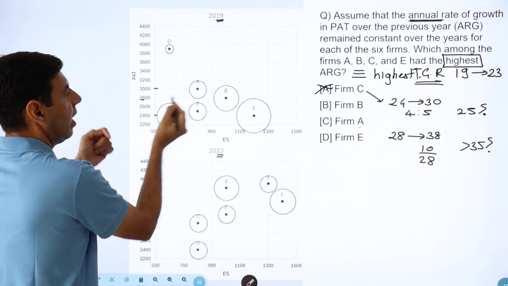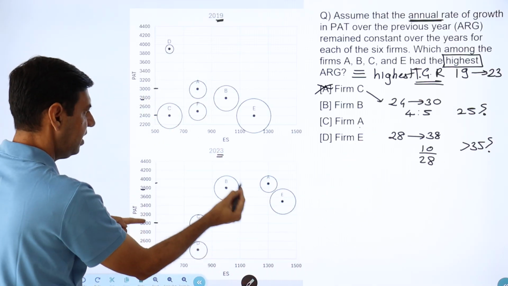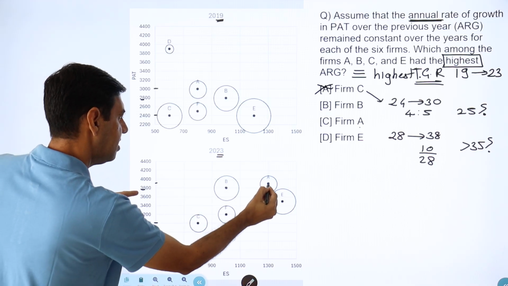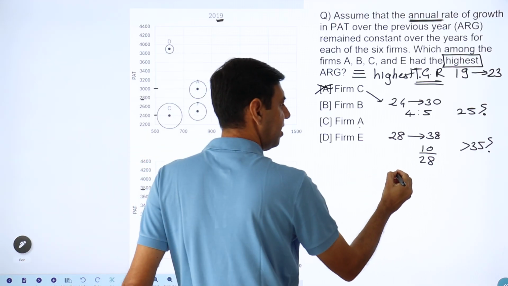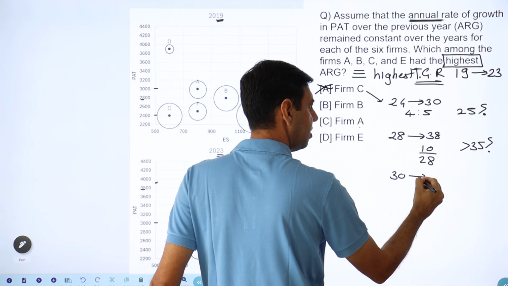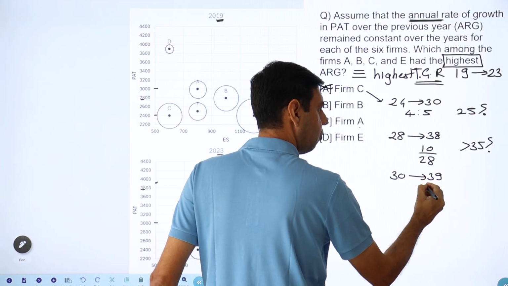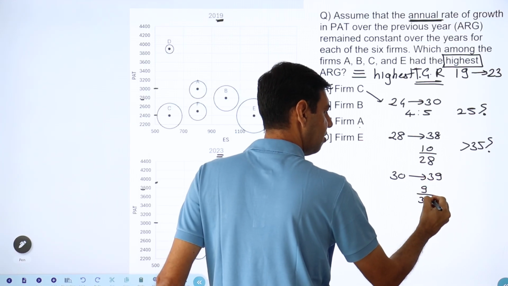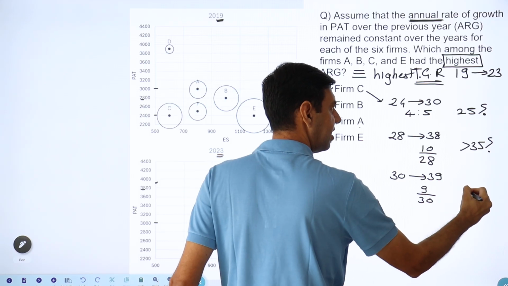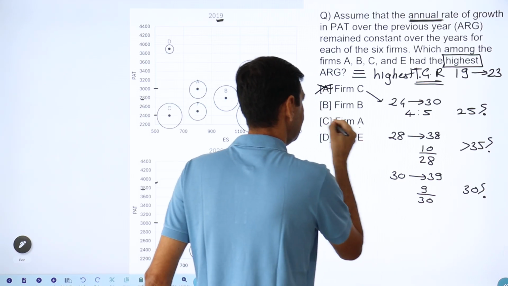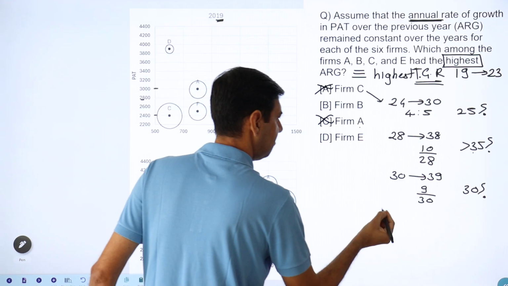Firm A. A was 3000 and became, this is A, 3900. So that is from 30 to 39. A growth rate of 9 on a base of 30. So that's straight 30%. So this also cannot be my answer. I already have something greater.